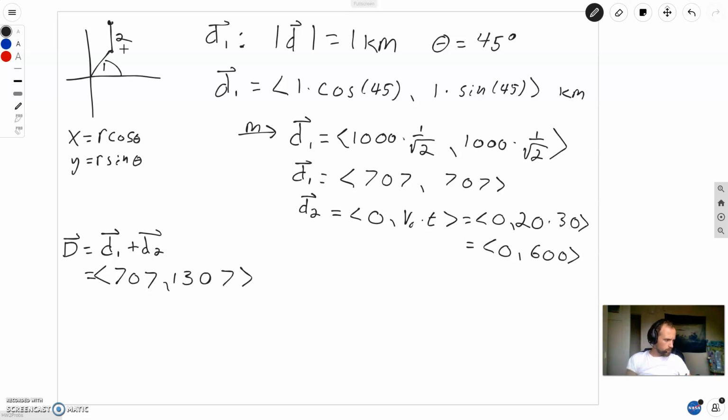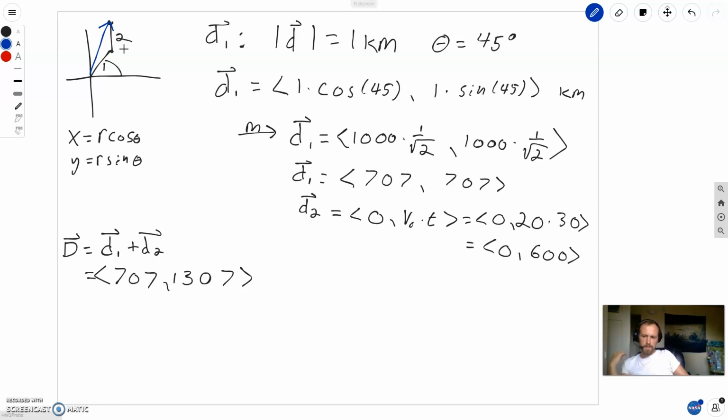Now, it says you are driving from rest directly to this location. So here's what you're doing. You are moving exactly in that direction.